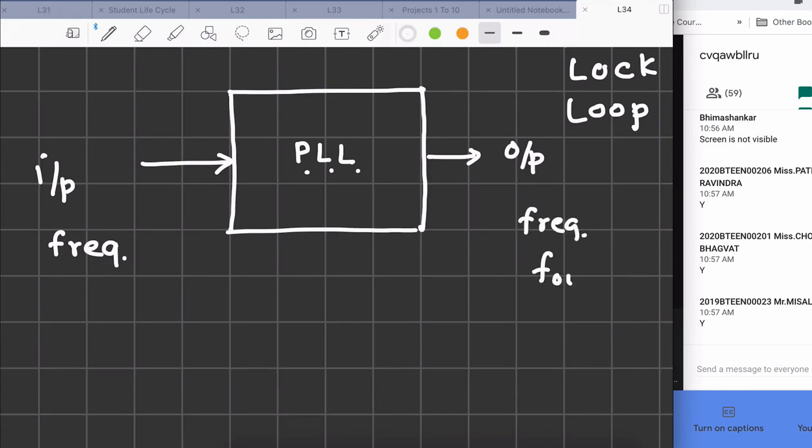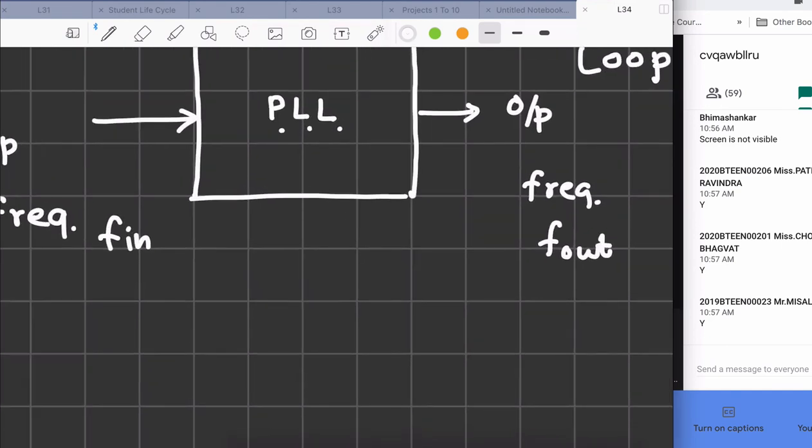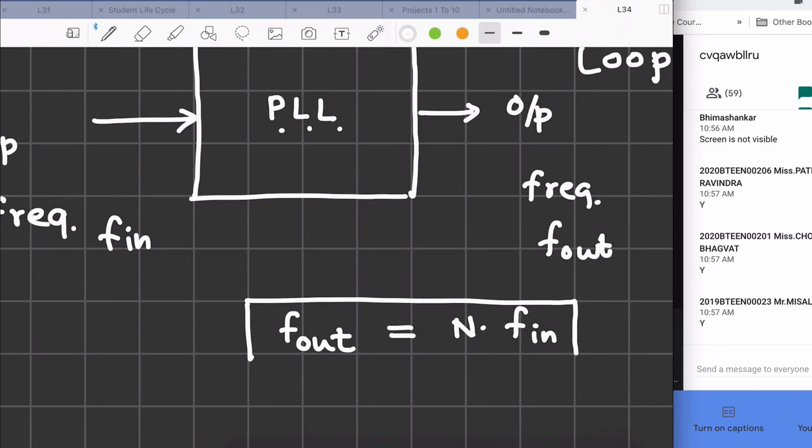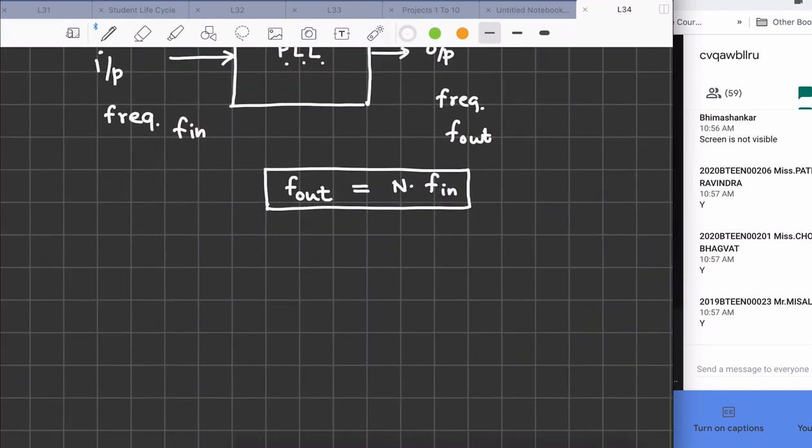So F out and F in, and the relation between F out and F in is F out can be N times F in. It means the frequency is getting multiplied. Have you studied the frequency divider?